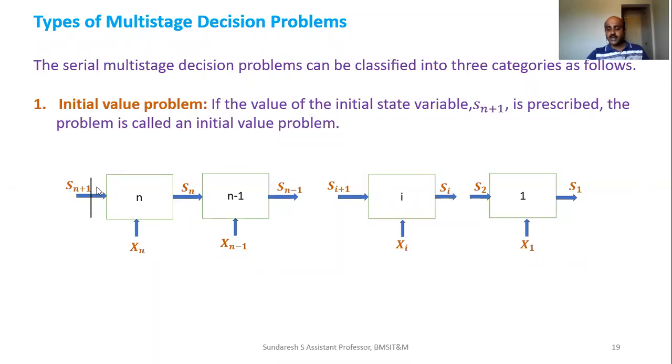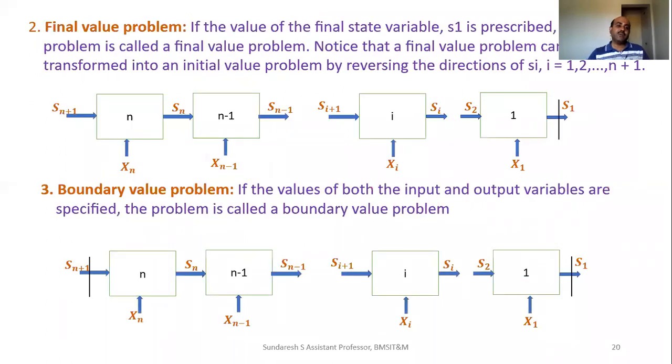That represents that the input state variable is prescribed, and we treat such problems as initial value problems. Next, we move on to the second one, the final value problem.